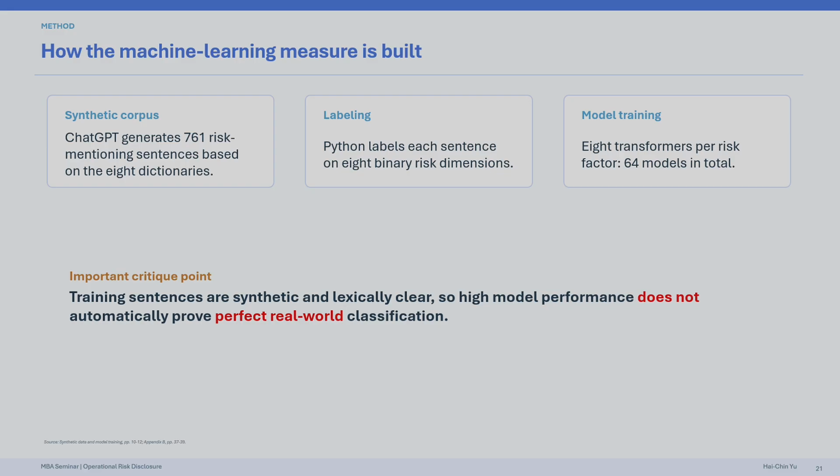But we never know whether the high model performance really means and proves perfect real world classification. The paper doesn't do this.